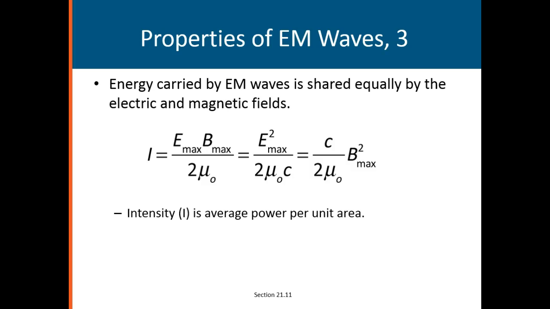The intensity I is the average power per unit area, and that's usually measured in, I think it's Watts per square meter. I believe that's the unit they use for intensity.